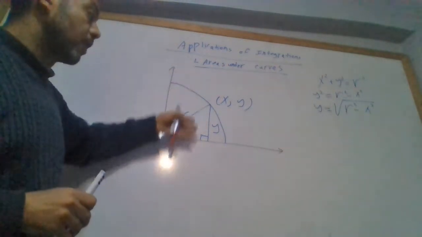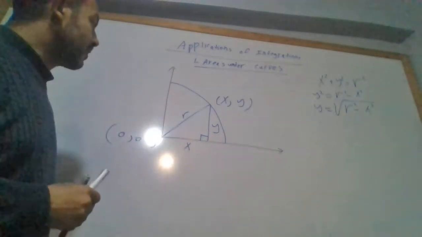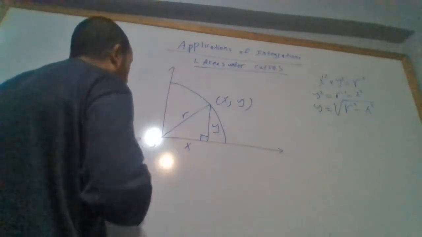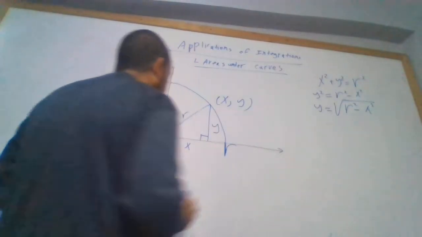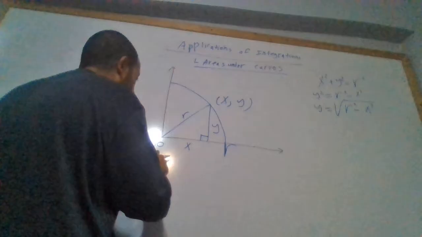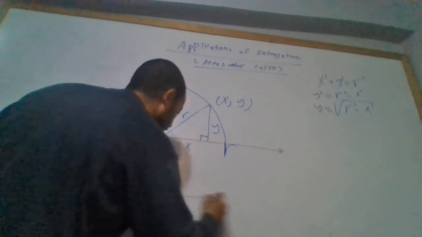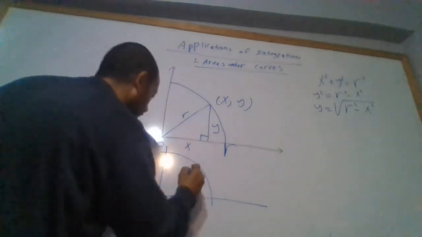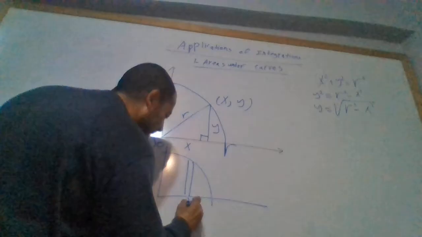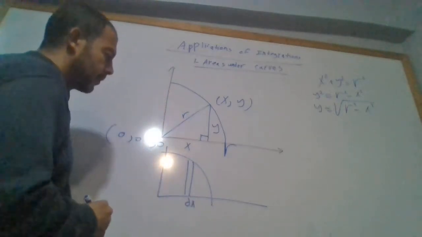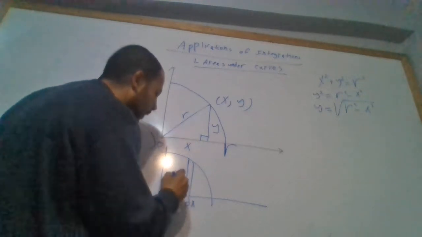the area under this function, this curve, you must integrate from the point x equals 0 to the point x equals r, like this. We take a slice which equals dx, and this height must equal y.